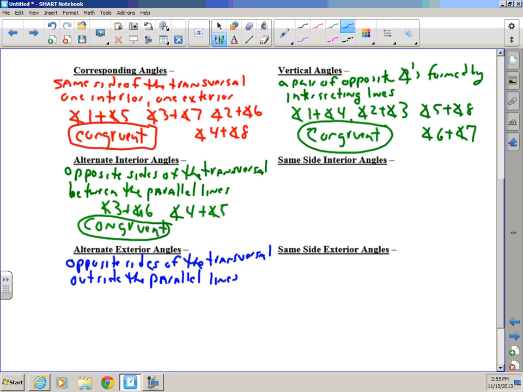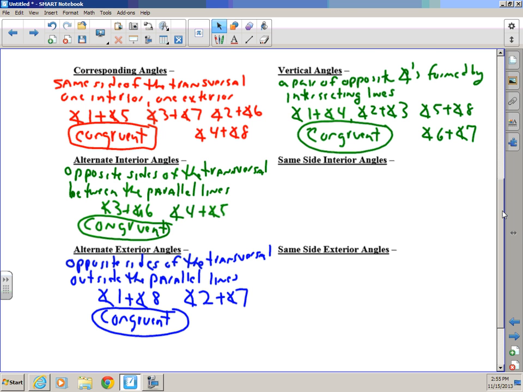Now, what angles fit that bill? Hopefully you're seeing that it's 1 and 8, 2 and 7. And these angles are also, each pair is congruent. So 1 is congruent to 8, 2 is congruent to 7.